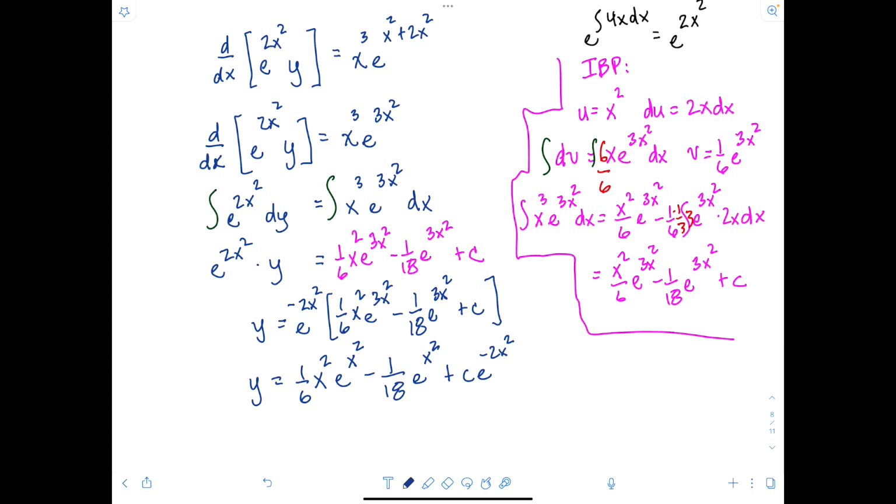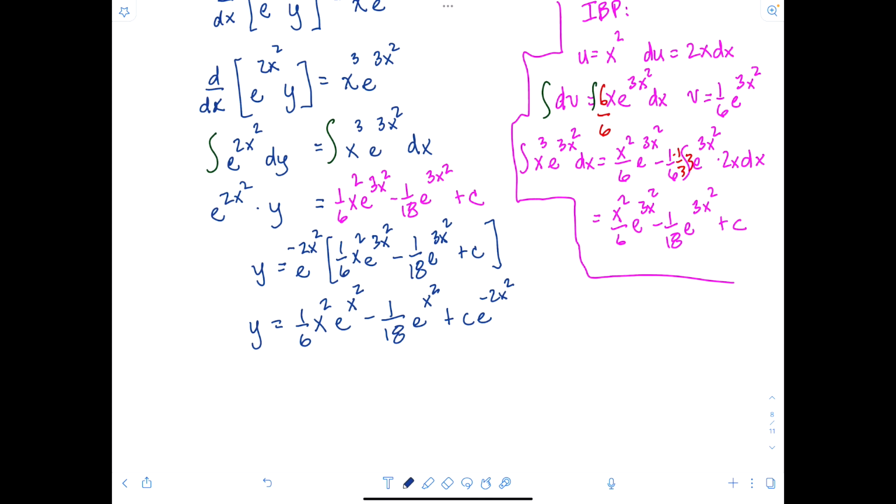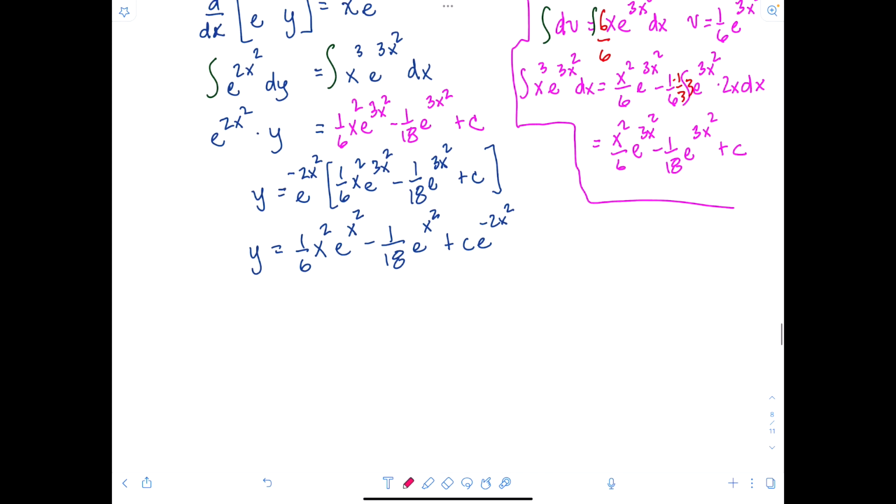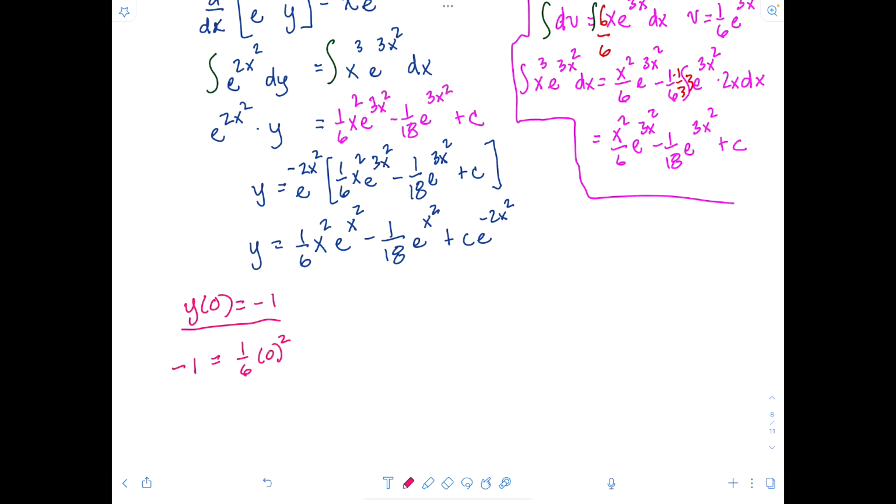Applying our initial condition now. Our initial condition was y at 0 is -1. So, in for y, I'll put -1 equals 1/6 times 0 squared e to the 0 squared minus 1/18 e to the 0 squared plus c e to the negative 2 times 0 squared.